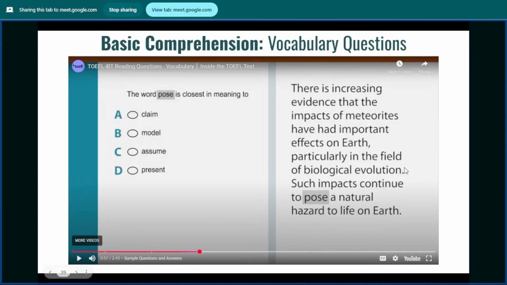A or D? I'm confused between both. Why are you confused? Try to substitute it in the sentence and see. Such impacts continue to pose a natural hazard to life on Earth.